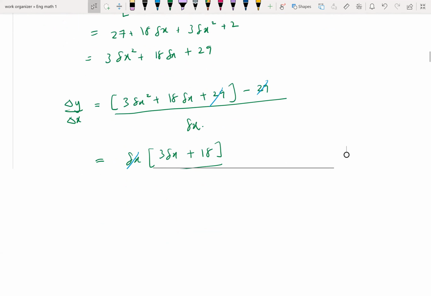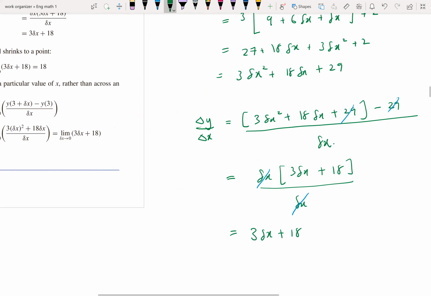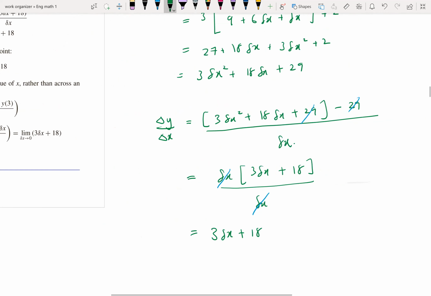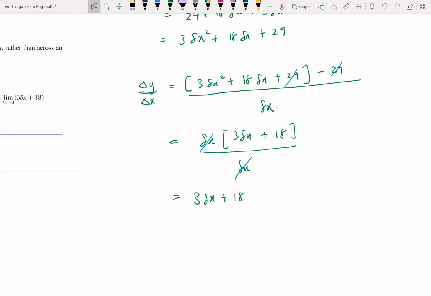What is left is 3 delta x plus 18. Now we have to let delta x equal to 0.